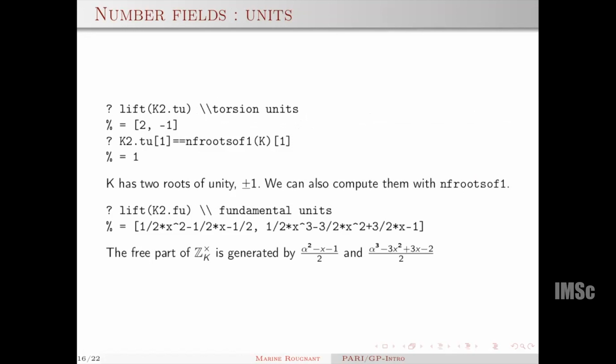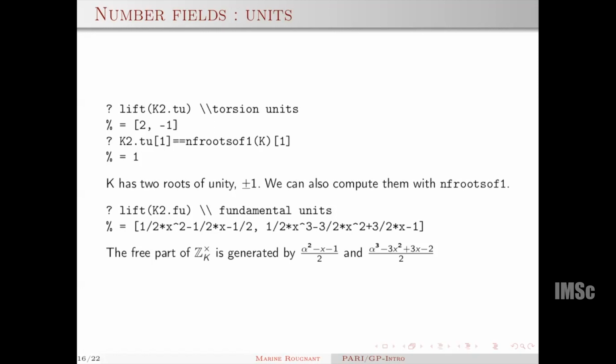So here, K has 2 roots of unity that are plus and -1, of course, and you can recover it with NF root of 1. You can also get a system of fundamental units by .fu, like fundamental units.